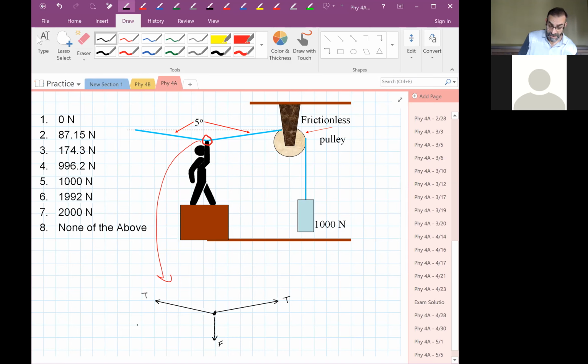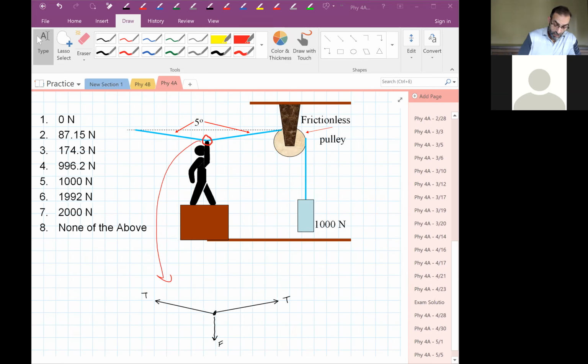And we know what the tension in the rope is, right? What's the tension in the rope? Same as before, right? 1,000. Question about mechanical advantage. We'll get to that in a minute.